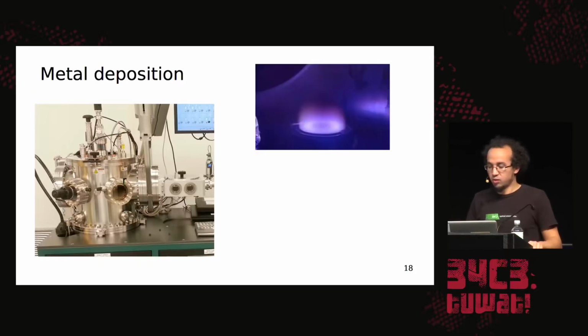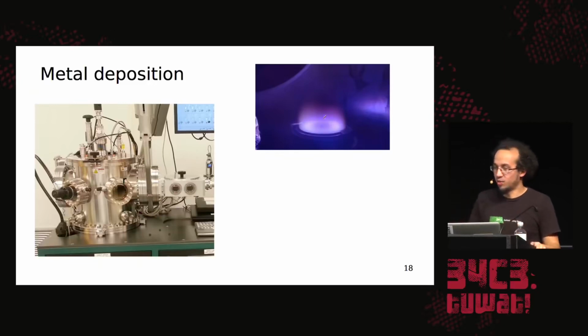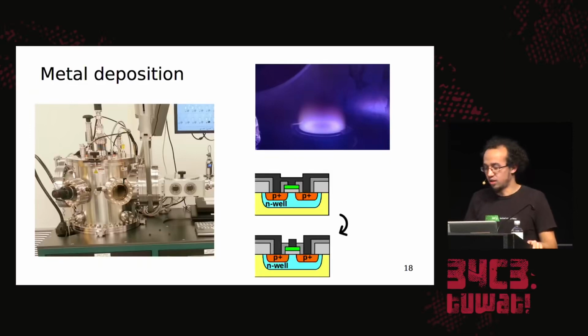It's a sputtering machine, which means that you have argon ions which bombard some material source, and you can see here that due to this ion bombardment there's a plasma building up, and these ions sputter out atoms into all directions, and this creates a covering of metal on our wafer.